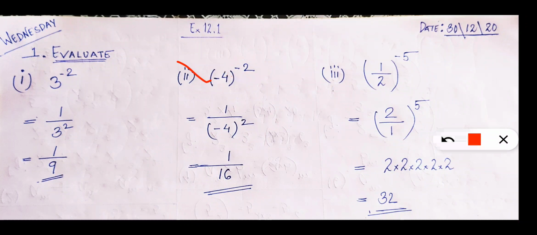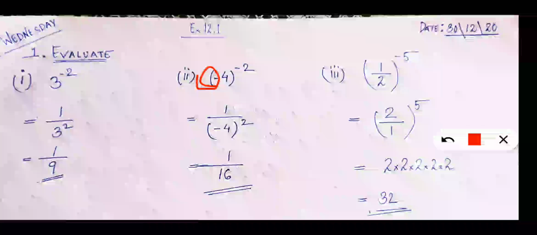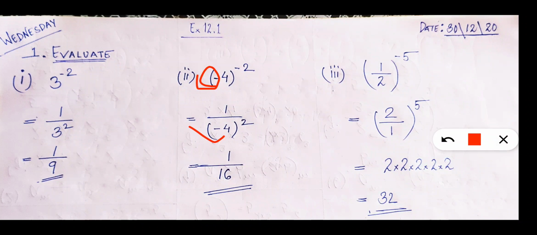When you interchange the numerator and the denominator, my dears, you only have to change the sign of the powers. If there is a sign before the number, it will not change, it will remain as it is. So you can see only this inverse square has become plus square, so minus 4 will remain as minus 4.